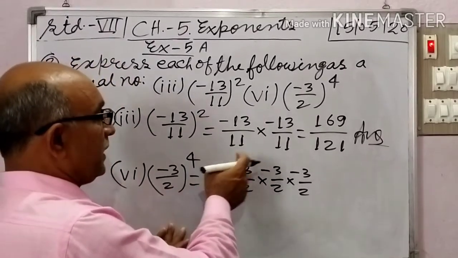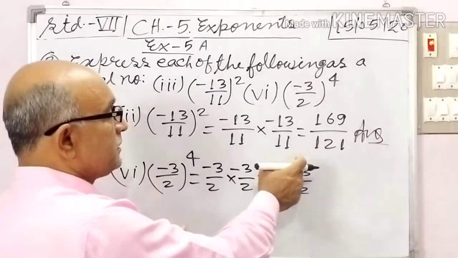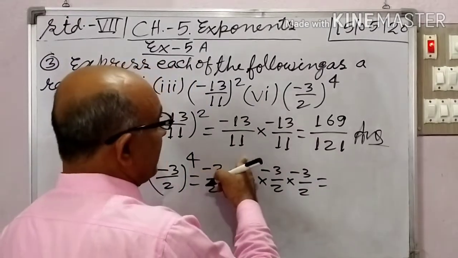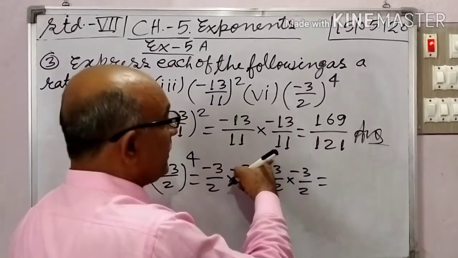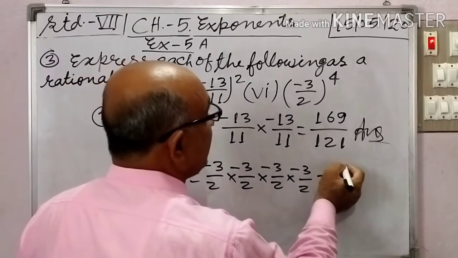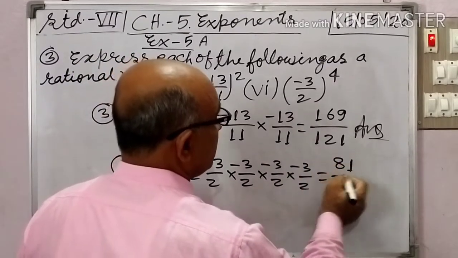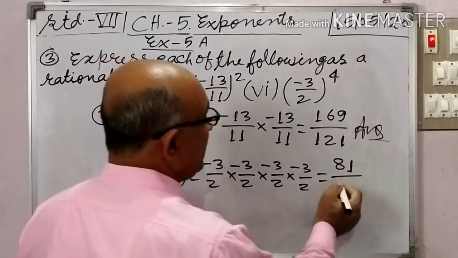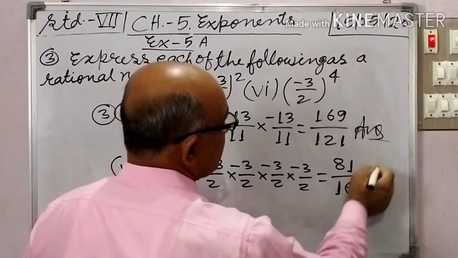Minus into minus is plus, plus into minus is minus, minus into minus is plus. 3 3s are 9, 9 3s are 27 and 27 3s are 81, divided by 2 2s are 4, 4 2s are 8, 8 2s are 16.